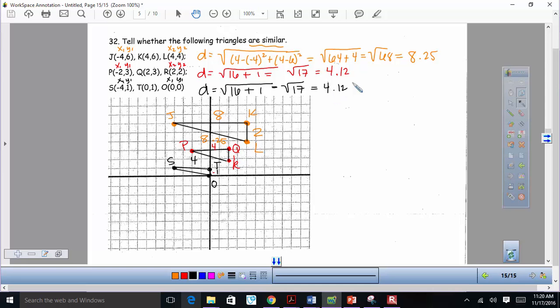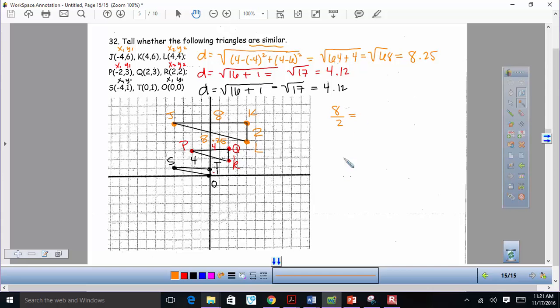Now, take just a second to think about this before you answer. Is PQR similar to STO? No. What are they? Congruent. They're congruent. Okay? So let's see the side comparison of JKL is, let's do 8 to 2.